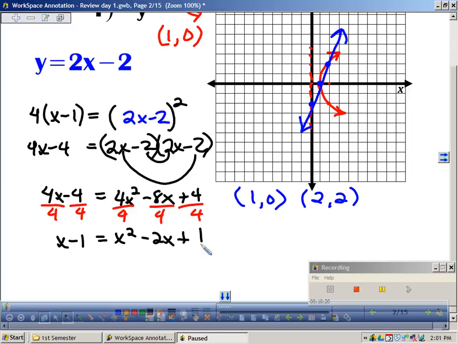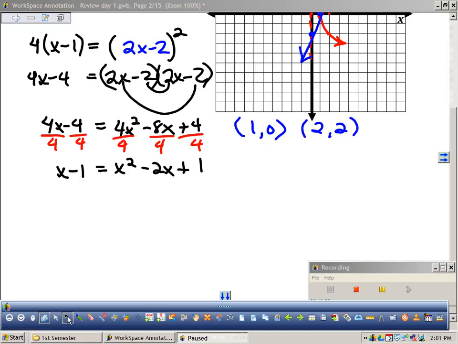There are 4 different ways to solve a quadratic. There's graphing, which isn't going to work for us right now. There's completing the square, the quadratic formula, and factoring. So you would complete the square, but this one isn't really a good one to complete the square with, is it?